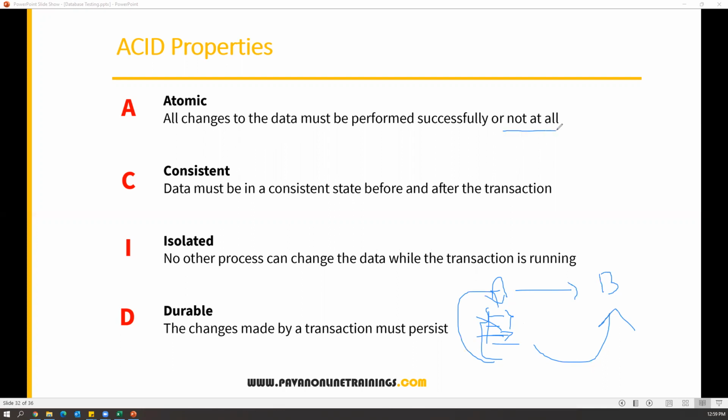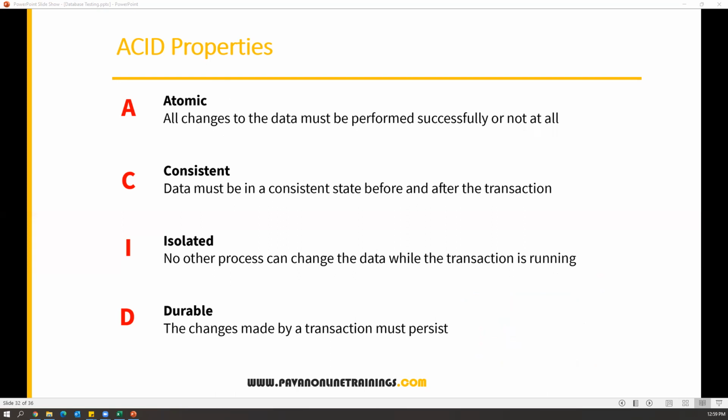That means not at all. Either it should perform successfully or not at all, but it should not perform a partial transaction. So that is the meaning of atomic. The atomic property says all changes to the data must be performed successfully or not at all, but partial transactions are not applicable here.